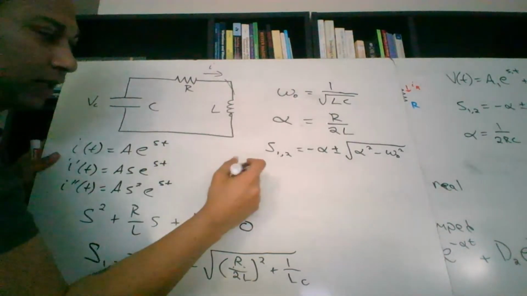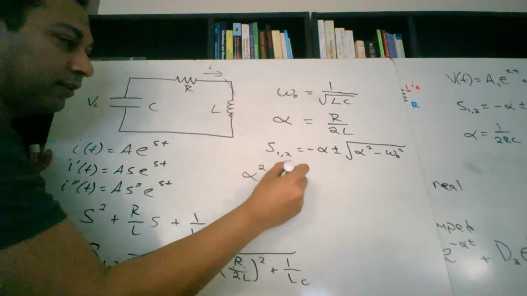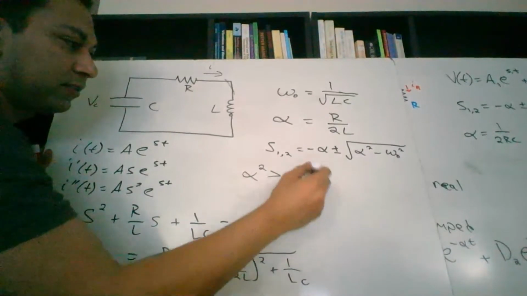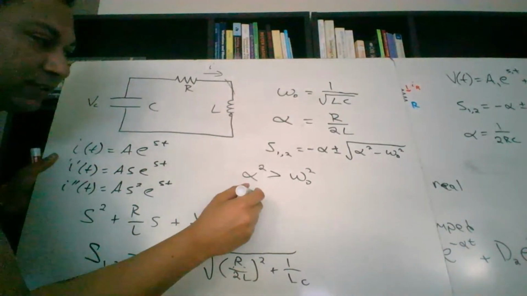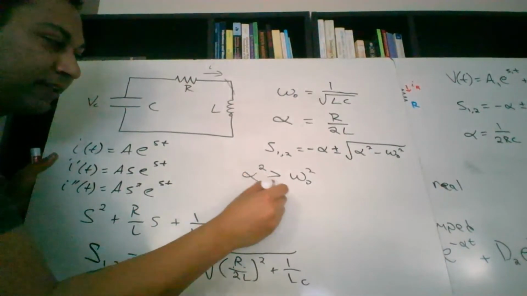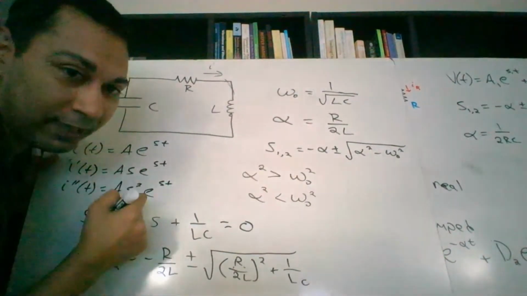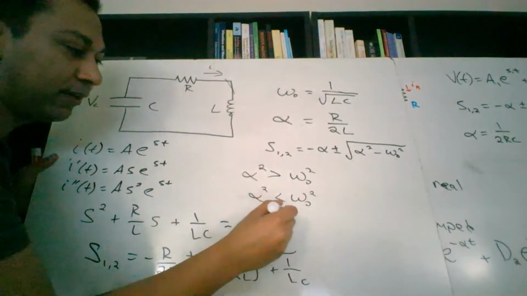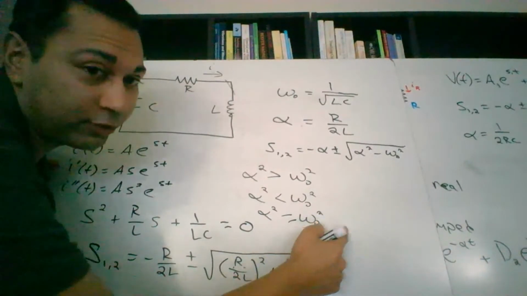So if alpha squared is greater than omega naught squared, you will get overdamped. If alpha squared is less than omega naught squared, you get underdamped. And if alpha squared is equal to omega naught squared, you get critically damped.